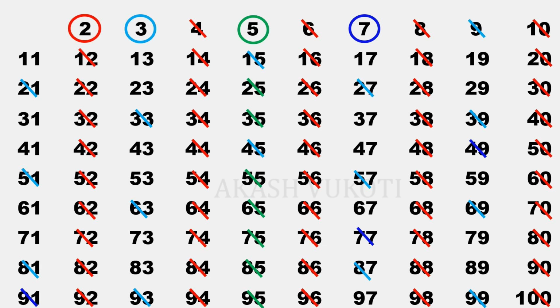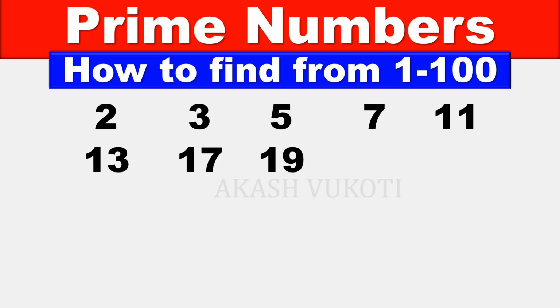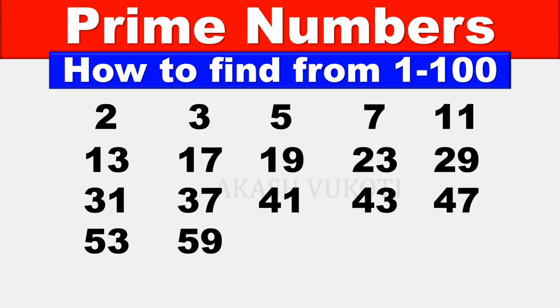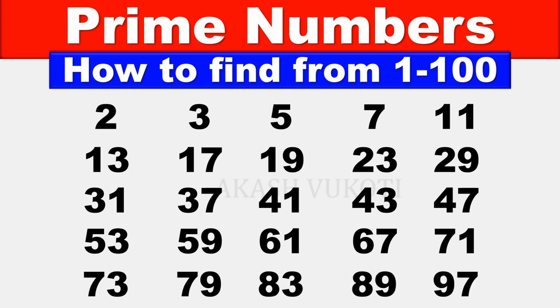And those numbers are 2, 3, 5, 7, 11, 13, 17, 19, 23, 29, 31, 37, 41, 43, 47, 53, 59, 61, 67, 71, 73, 79, 83, 89, and finally 97.